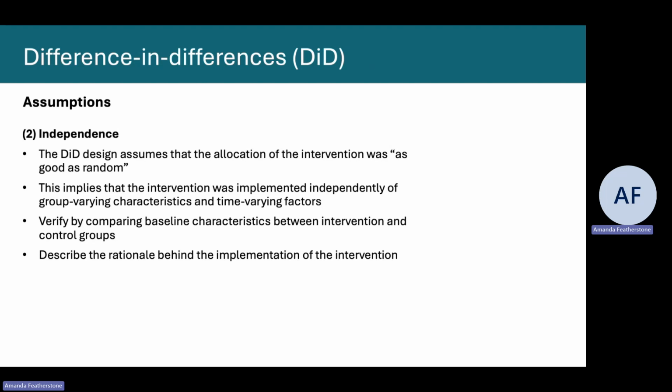This implies that the intervention was implemented independently of group-varying characteristics and time-varying factors, and the assumption can be verified by comparing baseline characteristics between intervention and control groups. Additionally, a researcher could describe the rationale behind the implementation of the intervention to further illustrate that the implementation of the intervention could be considered as good as random or independent.